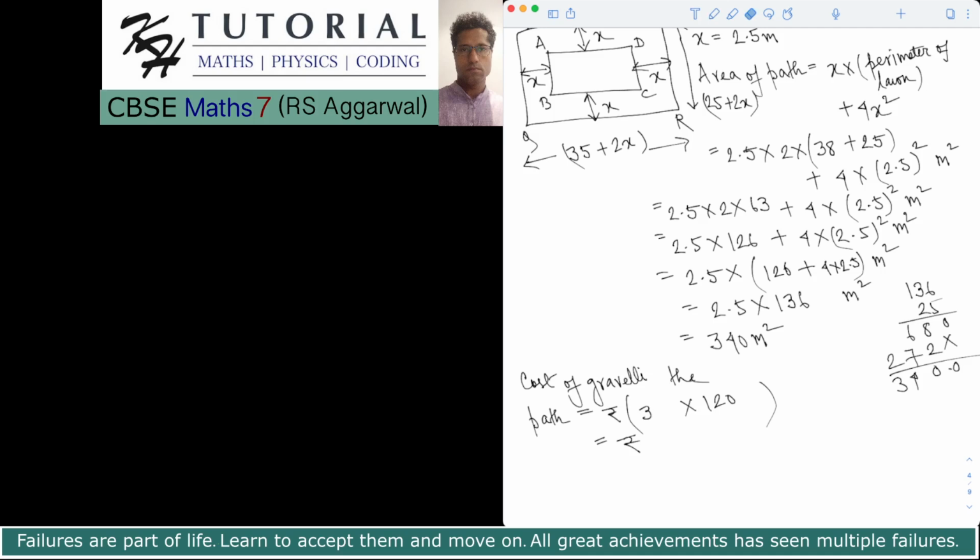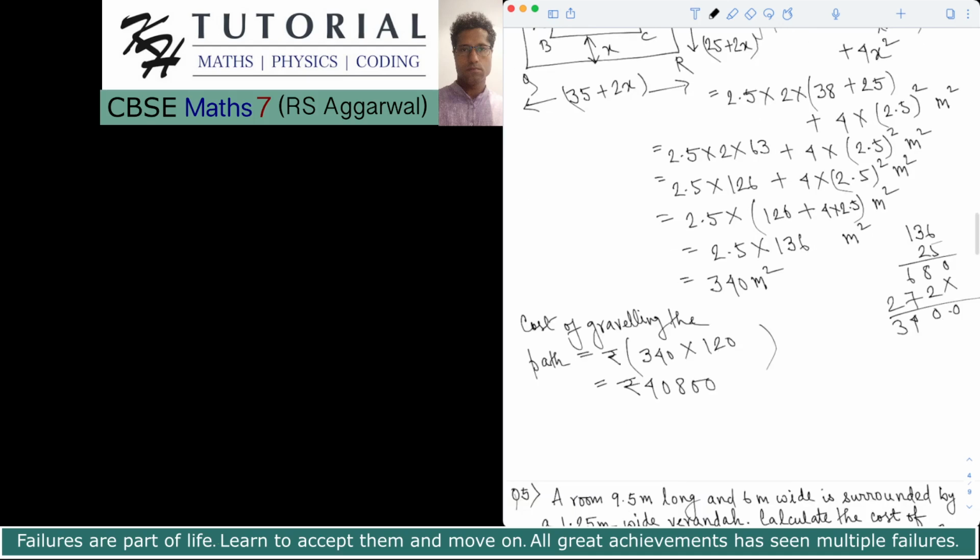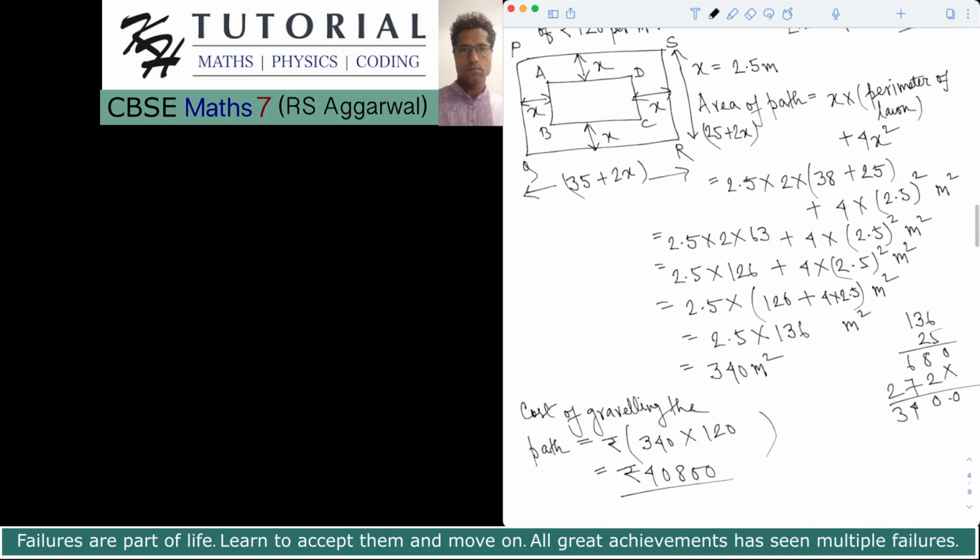So the cost of graveling will be 340 multiplied by 120, which is 40800. 40800 is the cost of graveling the path.